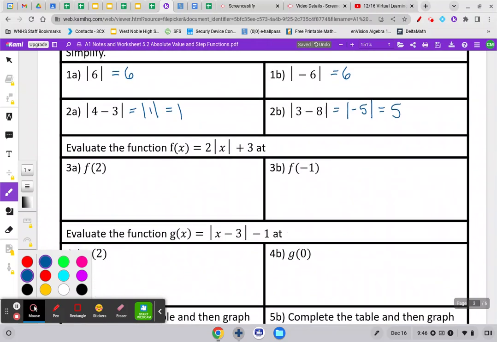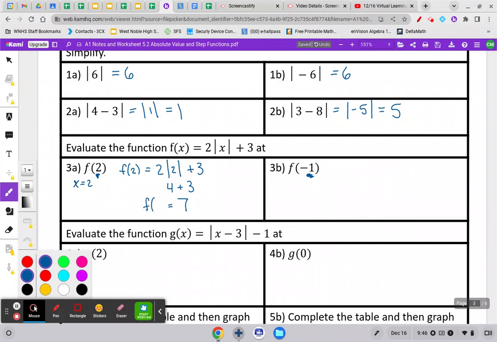Now we're going to have to evaluate for x equals 2 and x equals negative 1. Just remember, f of x. So this is x equals 2. We'll plug that in. Follow the order of operations like we learned yesterday.